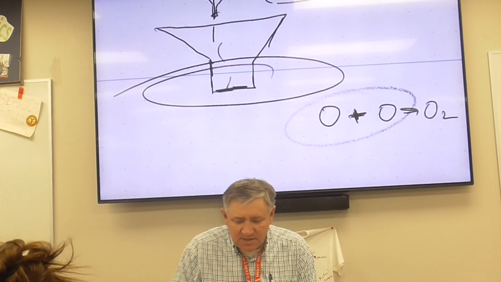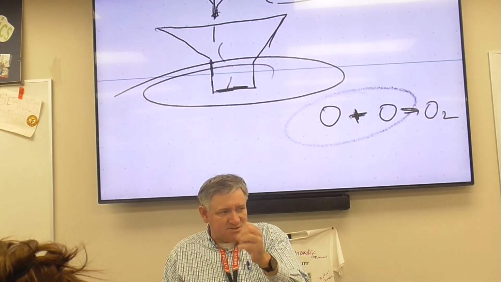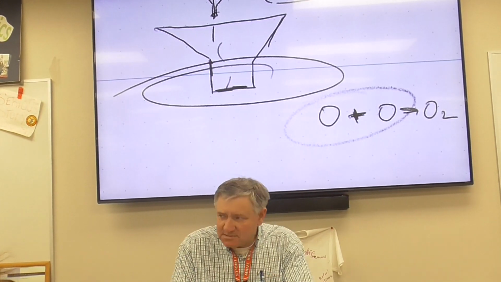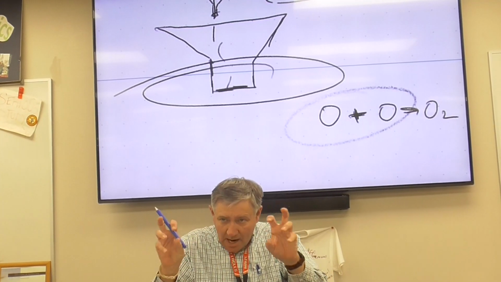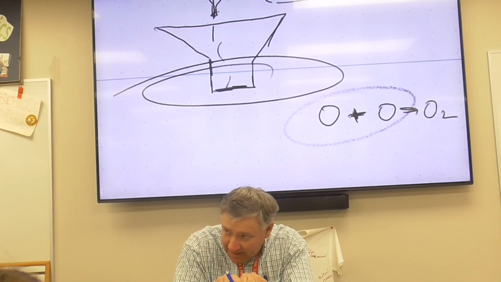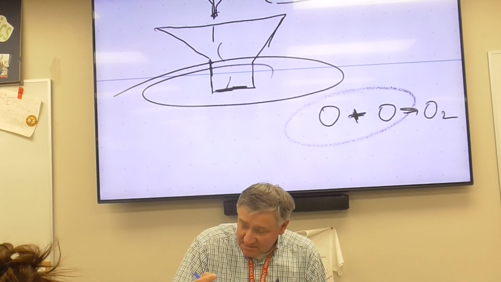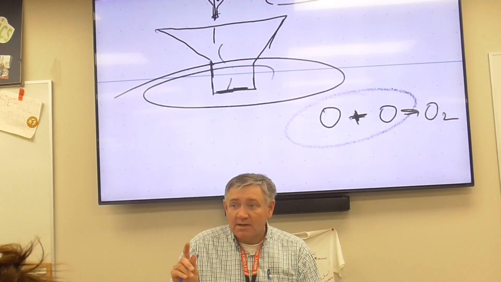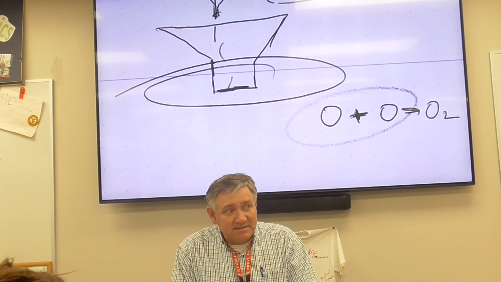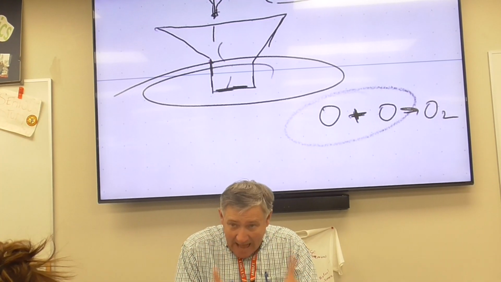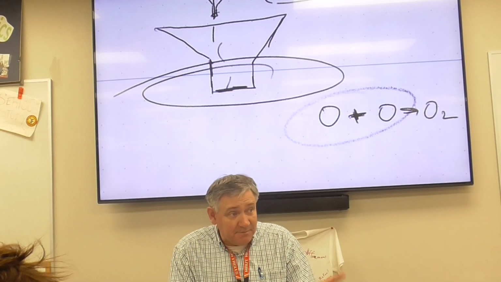So don't look at this and go, oh, that's just unimolecular because it's just oxygen. This is still bimolecular because the two oxygen atoms have to combine to make O2. Just because something is bimolecular doesn't mean that there has to be two different types of atoms. What it means is that two atoms have to combine. They might be different, they might be the same.